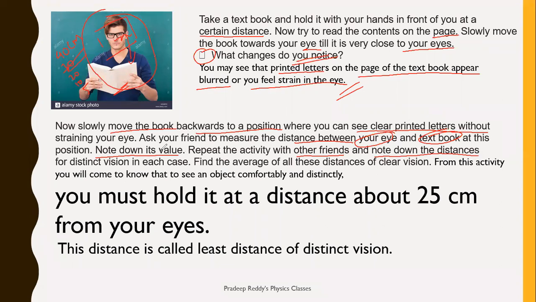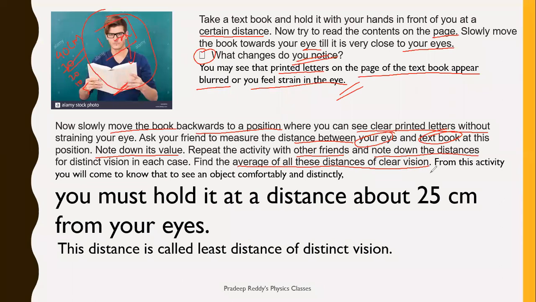Okay, so do the same activity 3 or 4 times and ask your friends also to do the same activity 2 or 3 times and find the average of all these distances of clear vision. So at the point where you are able to see clearly, you measure the total distance and make an average of 3.